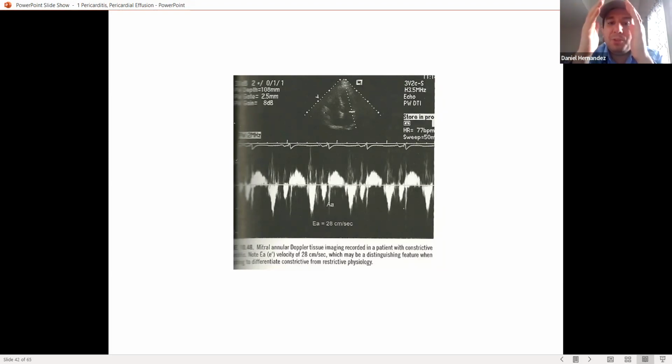We're going to have a fast motion of that annulus as that valve opens and we get a sudden surge of blood going in, a large E. We're still going to have a significant motion of that annulus as it's filling.